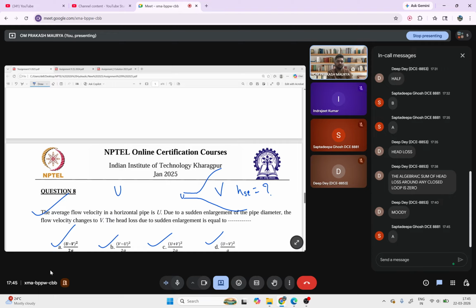Okay, Gauss is telling option A, that is capital U minus capital V whole square by 2g. Nice. Other students, please also try to write your answer in the chat box for this question.